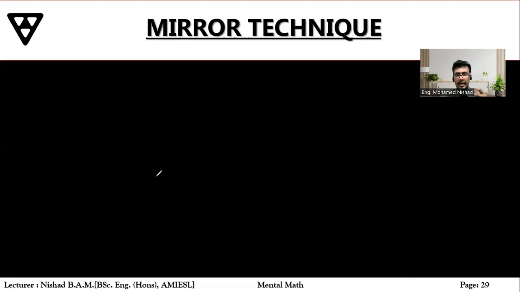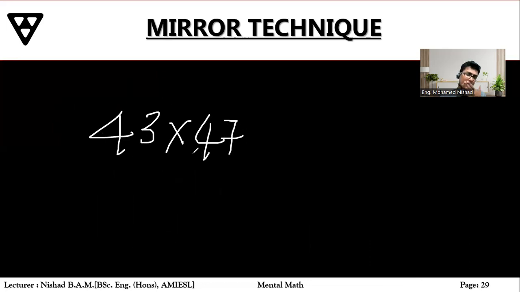So let me provide you another example, how much will it be, 43 times 47. Can we calculate that? Is it possible? Can we apply the mirror technique to this example? Yes, we can apply that mirror technique, but the approach is different.